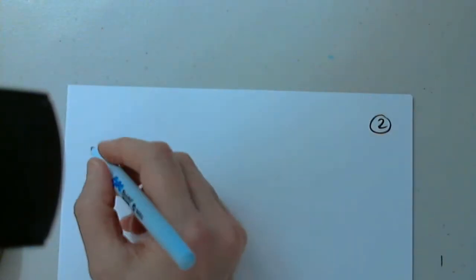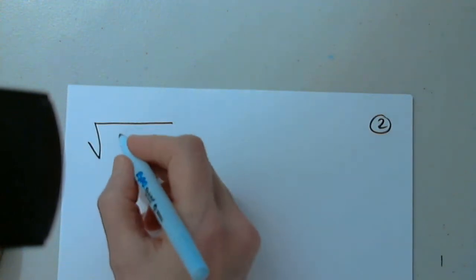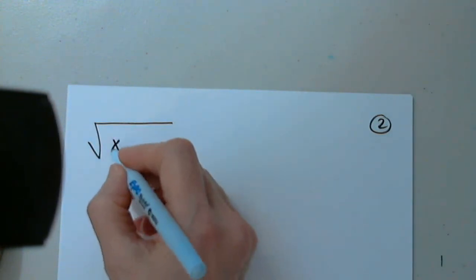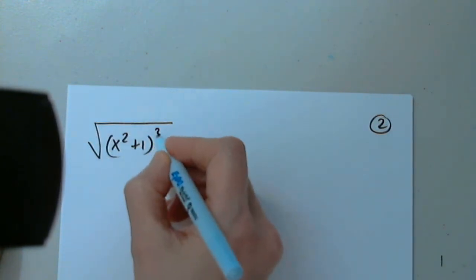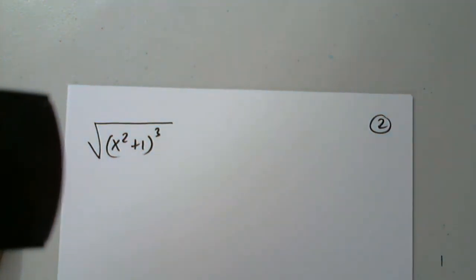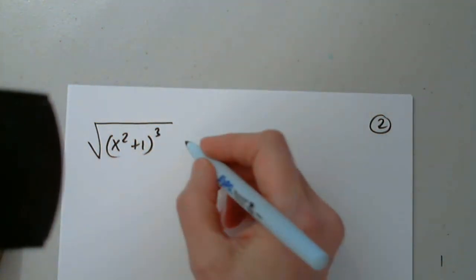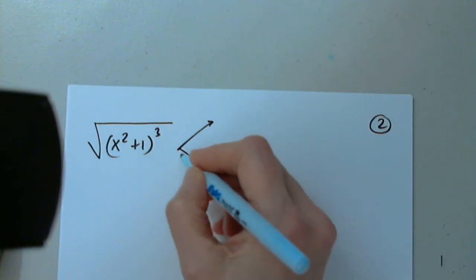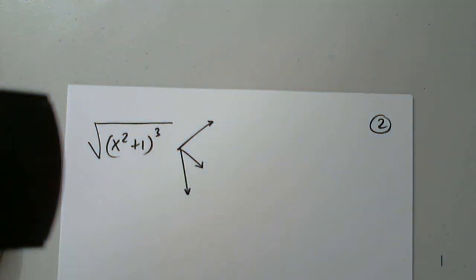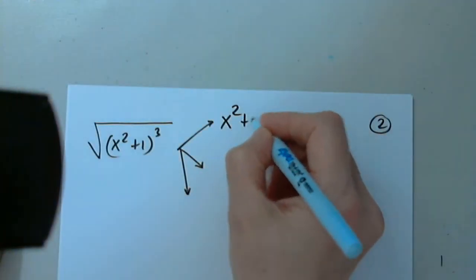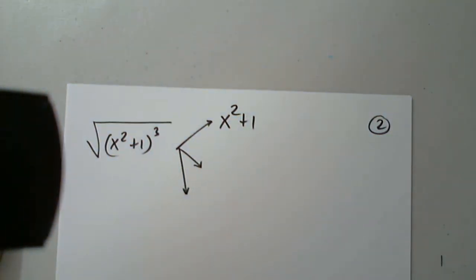So let's say I have the square root of x squared plus 1, to the third. What is the innermost here? I have 3 functions here, at least. What is the x squared plus 1? Yes, that's the innermost. Awesome. Thank you, Rachel. What is the next one?